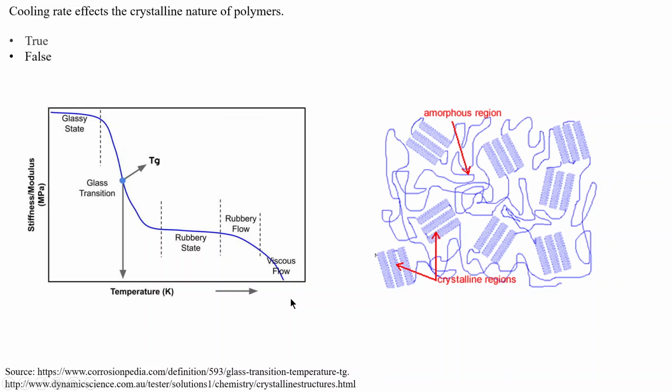So if we take the cooling process, we'll be going down the temperature scale. So we will be reversing back from viscous flow to rubbery state to glass transition to the glassy state. You can see right here that as temperature increases, definitely the amorphous regions inside a polymeric material will increase and the crystalline zones will reduce.